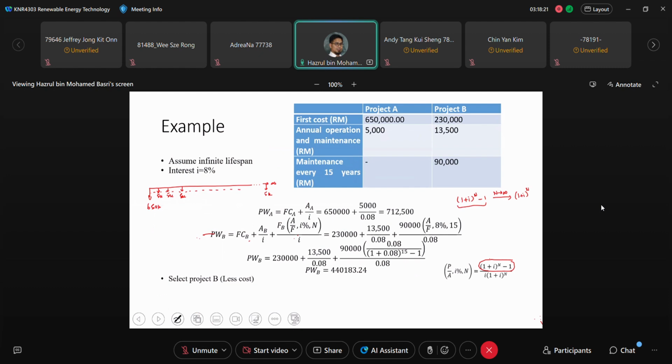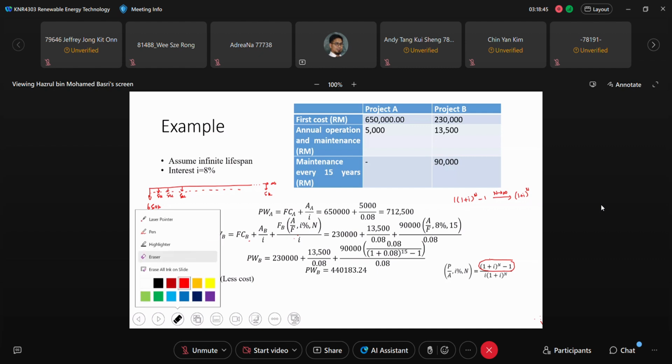Okay, does everyone get my point or not? When you tend n towards infinity, this term approaches this term. Why?